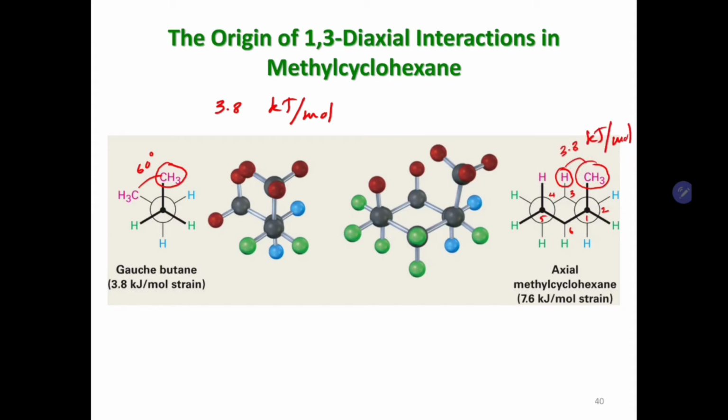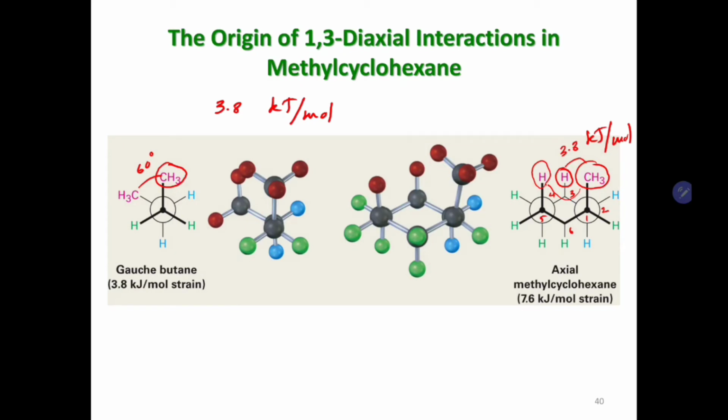So if you don't remember gauche interactions, I would recommend you to go back and revisit the conformations of alkane lecture video. But basically this 1,3-diaxial is what? 2 gauche interactions. So you can similarly visualize this CH3 having another gauche interaction with this hydrogen, which is another 3.8 kilojoules per mole.